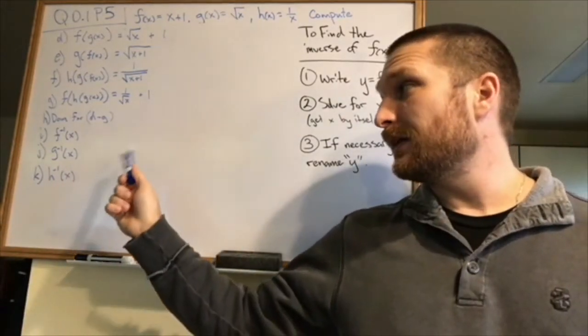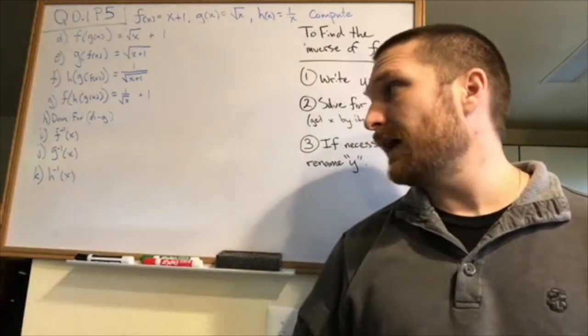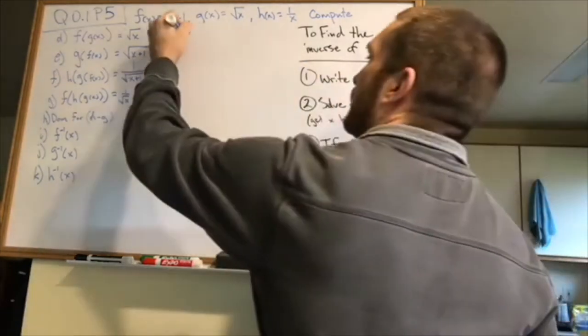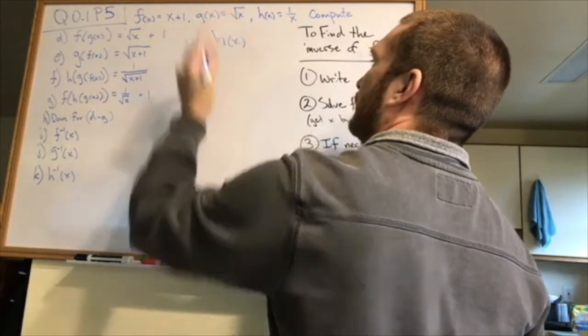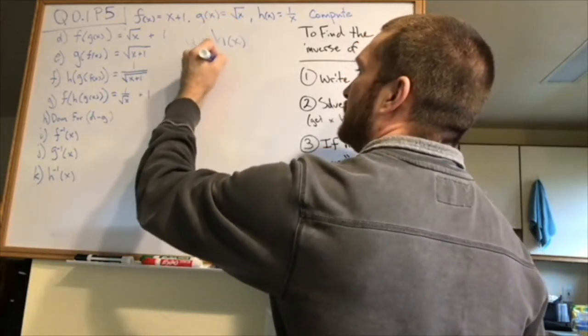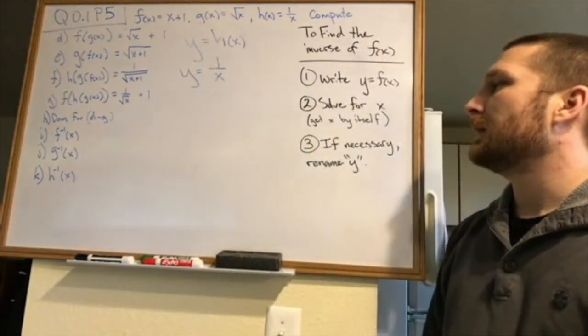Finally, we need to find a formula for the inverse of h. So we're going to write y equals h of x. Now let's replace h with a formula. Now it's like, well, what do I do? Well, we have to solve for x.